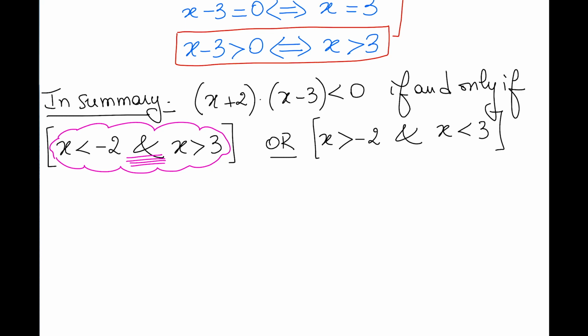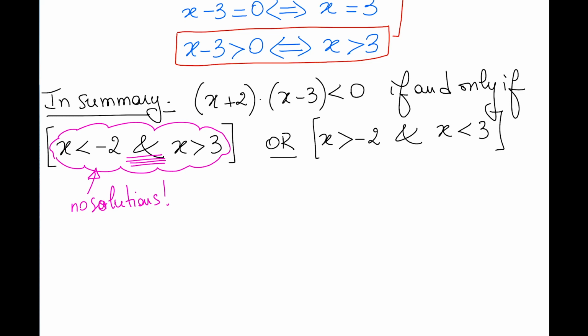So this statement is not offering any such x, because there's no way an x can be smaller than negative 2 and simultaneously bigger than 3. So this has no solutions.